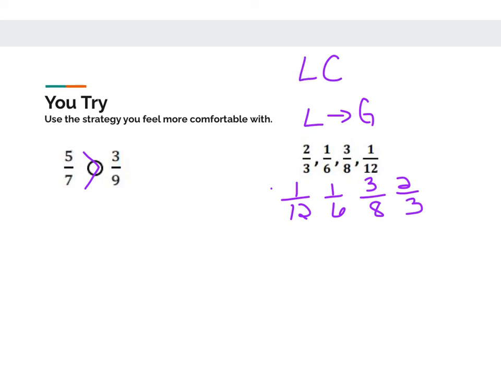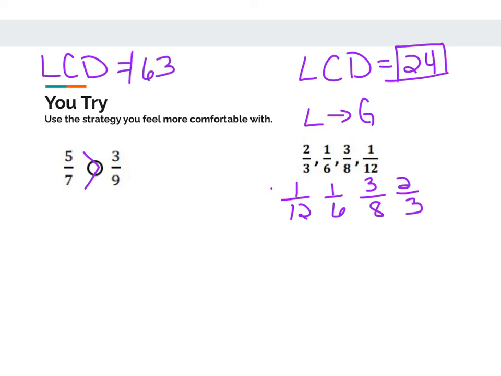The least common denominator for this strategy is going to be 24. So make sure that if you didn't use least common denominator, you have it. The least common denominator for the first one would be 63. So if you used common denominator, make sure you go back and look at that.